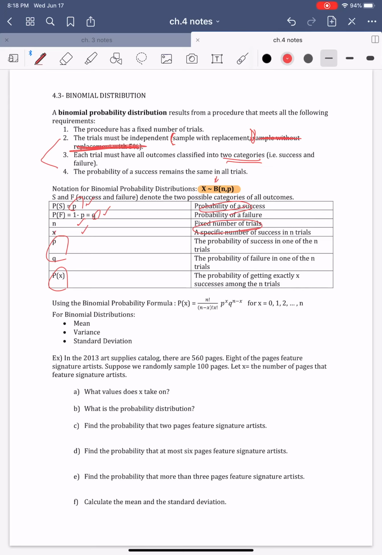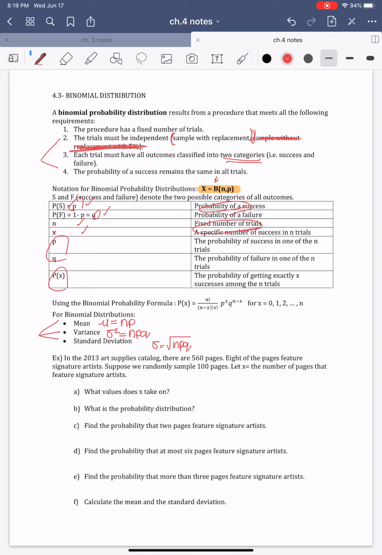We use the notation P of x to represent the probability of getting that particular x value among the n trials. Just like the probability distribution, we have mean, variance, and standard deviation equations. Mean, mu, is equal to n times p. Very simple. Fixed number of trials times probability. Variance is n times p times q. And standard deviation is the square root of sigma squared, so it will be the square root of npq.